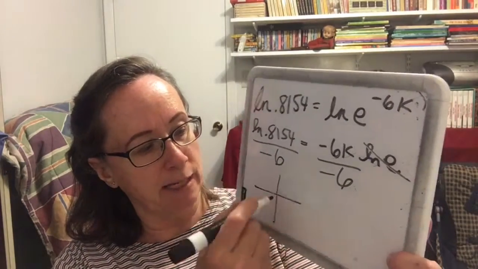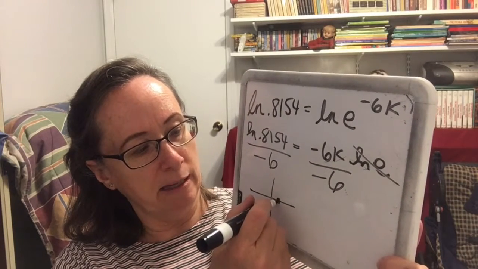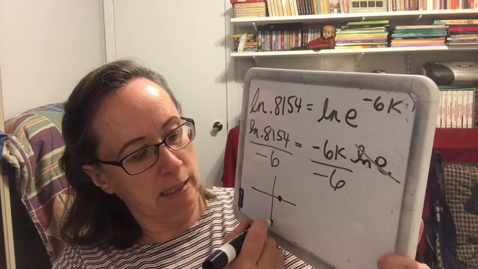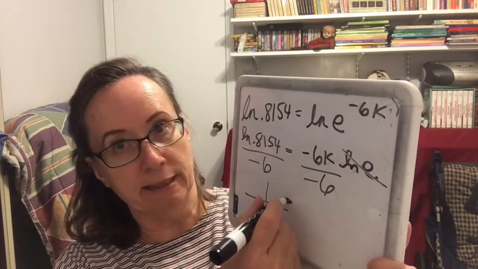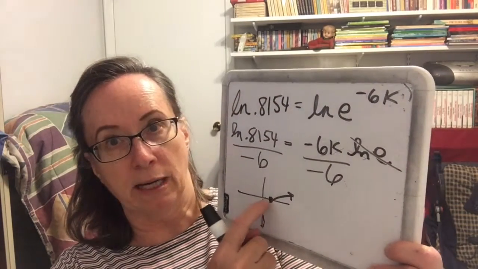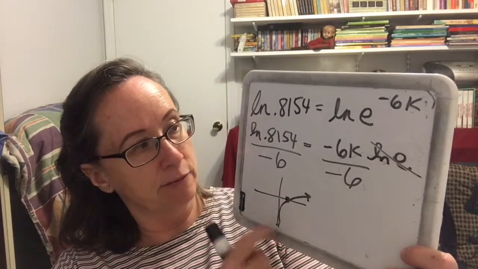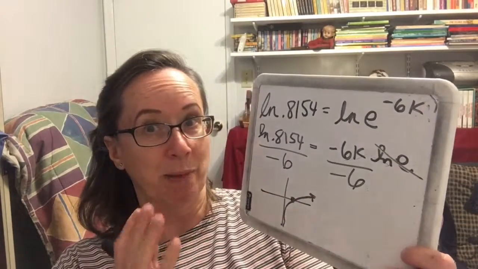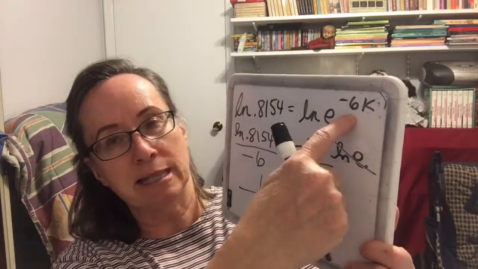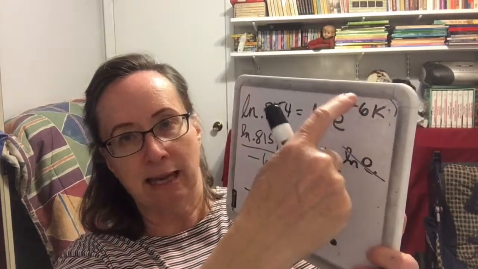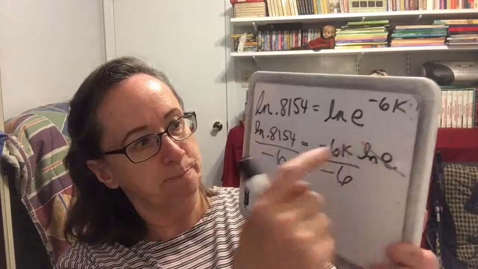Remember that graph that I showed you? Here's my anchor point for a logarithm, and it goes whoop, like that. So in between 0 and 1 on the x-axis, the y goes down and is negative. So a negative divided by negative is a positive number, but notice that my equation has a negative built into it.